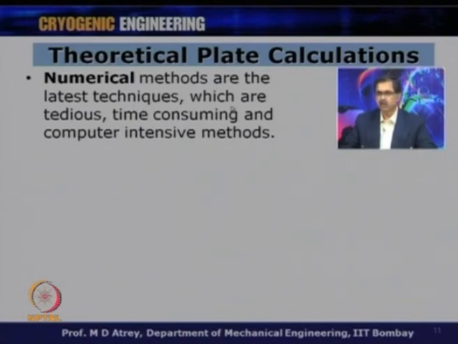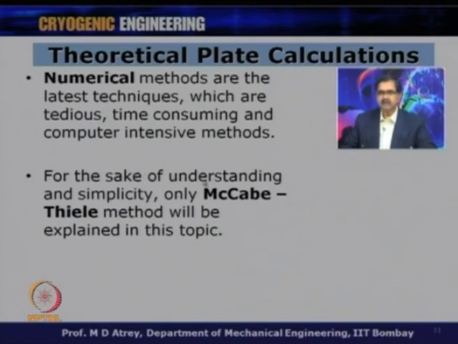These methods are tedious, time consuming and very computer intensive. So, for the sake of understanding in this lecture and in this course, we are going to concentrate on McCabe-Thiele, which, as I just told you, is valid for a binary mixture, is relatively simpler and is also validated at cryogenic temperature. So, we will now see what the McCabe-Thiele method comprises.